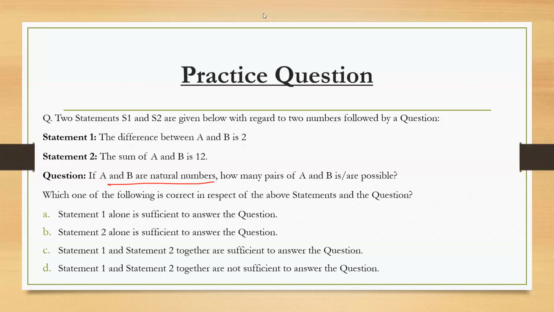Dinesh, C. Okay. Abhishek, C. Shani, B. Okay.